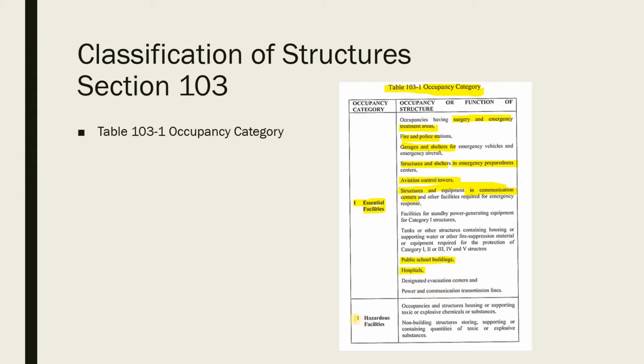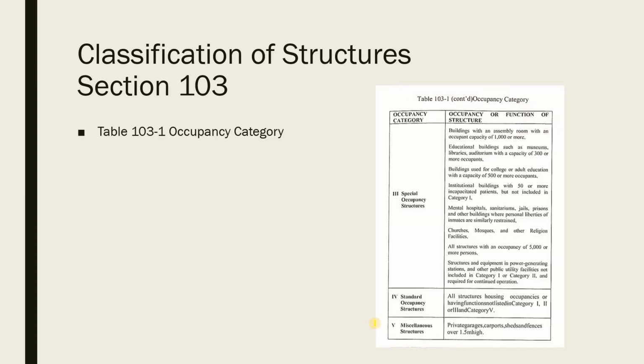Okay, next, we also have the hazardous facilities. Okay, so ayan yung mga occupancies and structures housing or supporting toxic or explosive chemicals. Okay, for non-building structures storing, supporting, or containing quantities of toxic or explosive substances. So, kapag malaking hazard, dito magfo-fall yung occupancy category natin.